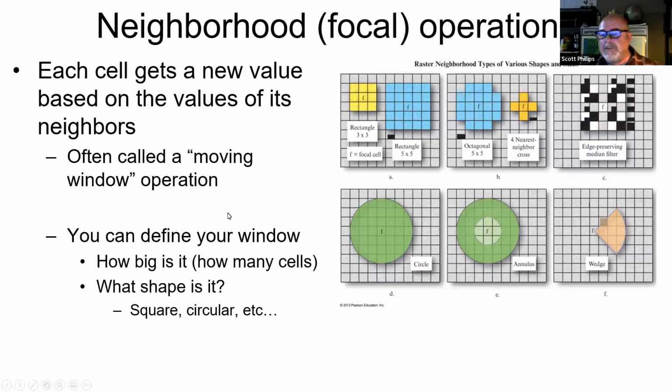And so there's different types of shapes you can use as your moving window. It doesn't have to necessarily be square. What you really need to know is how big is it, how many cells, either in cells or in map units, then it can do the math for you, and the shape of your moving window.